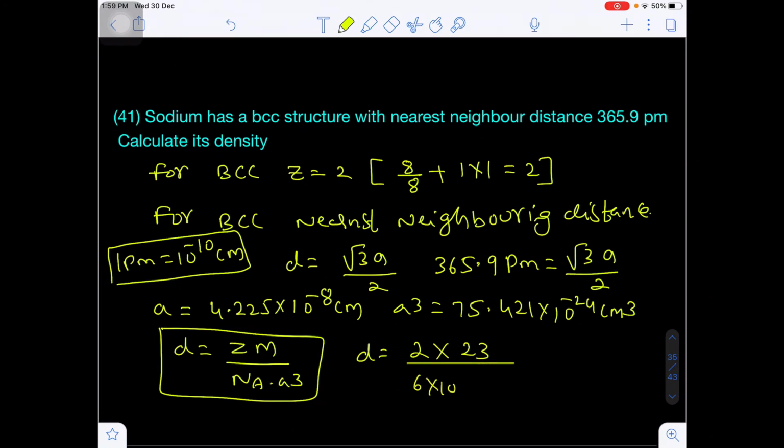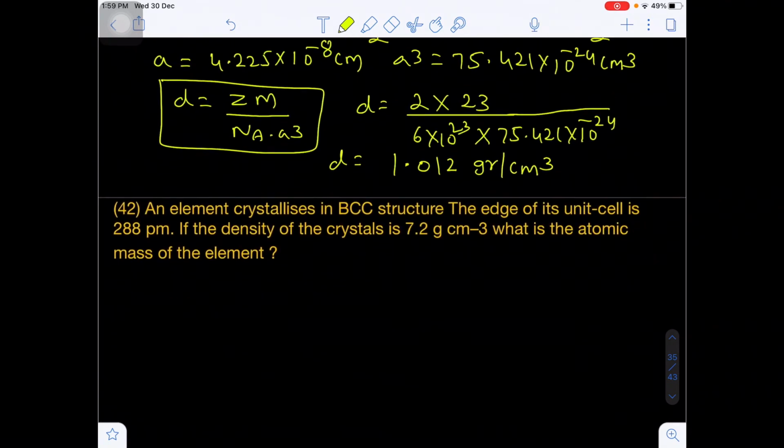Divided by Avogadro constant, that will be 6 into 10 raised to 23 into what will be the a cube value here? 75.421 into 10 raised to minus 24. After simplification you will get the density of sodium which is crystallized in BCC will be 1.012 gram per cubic centimeter.